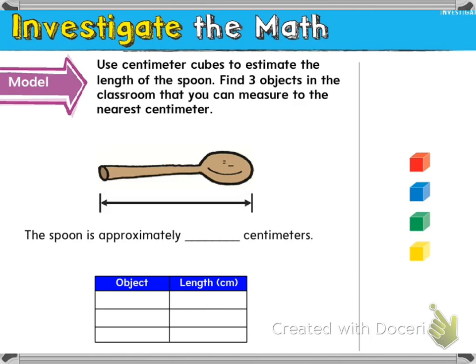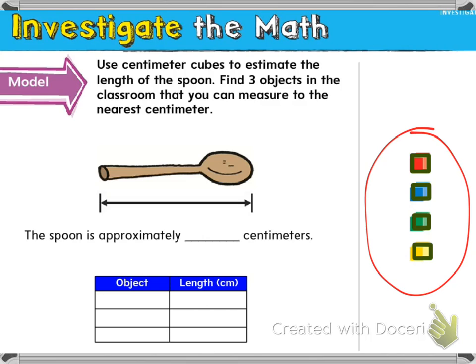All right. Let's use the centimeter cubes right here to estimate the length of a spoon. Okay? Since we can't move these little cubes, let's draw what they would possibly be.